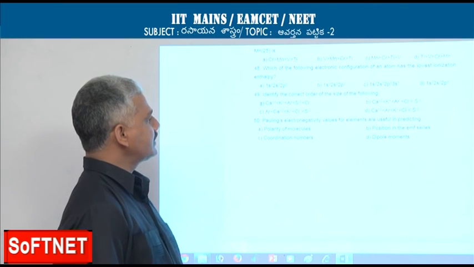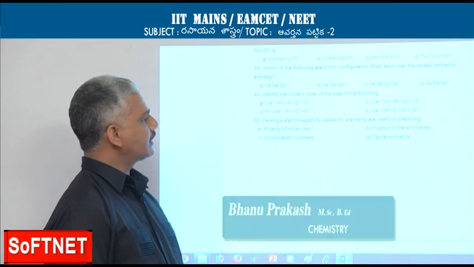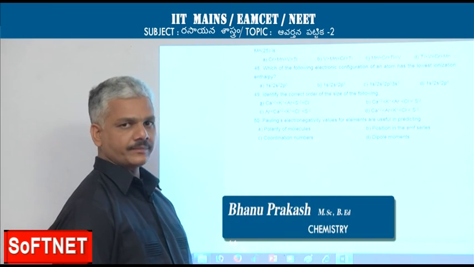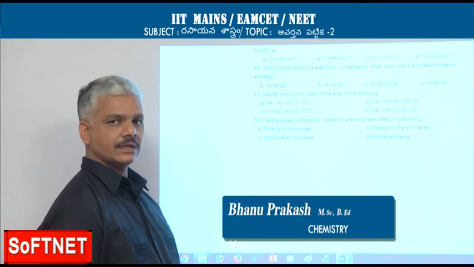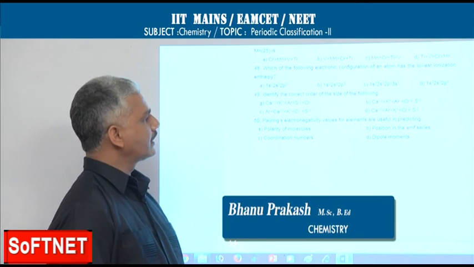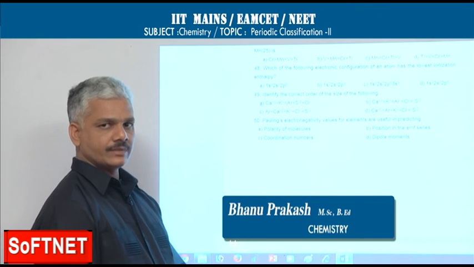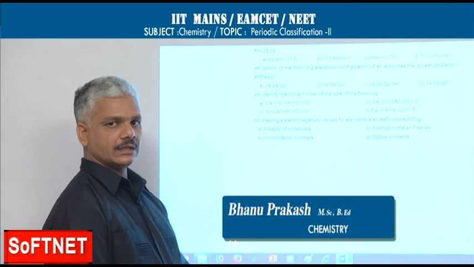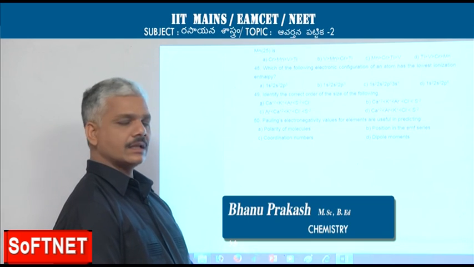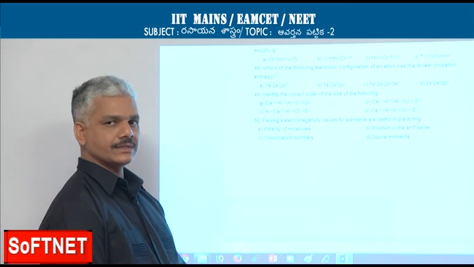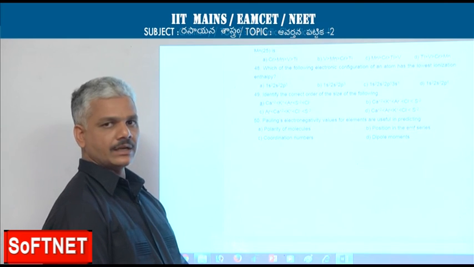This question is based on the concept of ionic radii and comparison of ionic radii with atomic radii. The general statement is, with increase in the magnitude of positive charge, size of the cation decreases, and size of cation is always smaller than that of neutral atom as well as anionic radius.